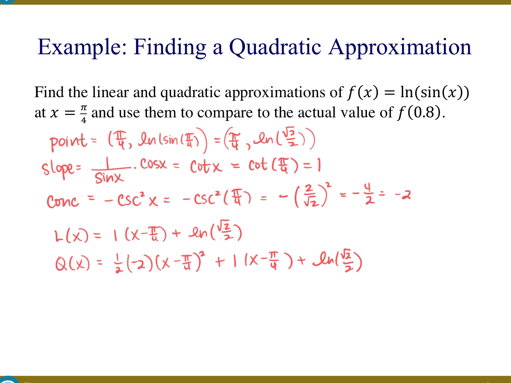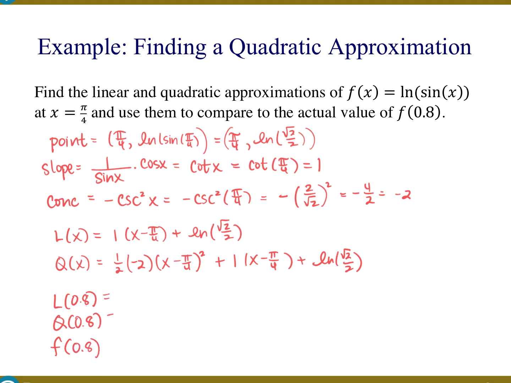And then we wanted to compare all of those things at the 3 different values. So L of 0.8 compared to Q of 0.8, sorry, I meant to write 0.8 there. And then we'll compare it to the actual f of 0.8.